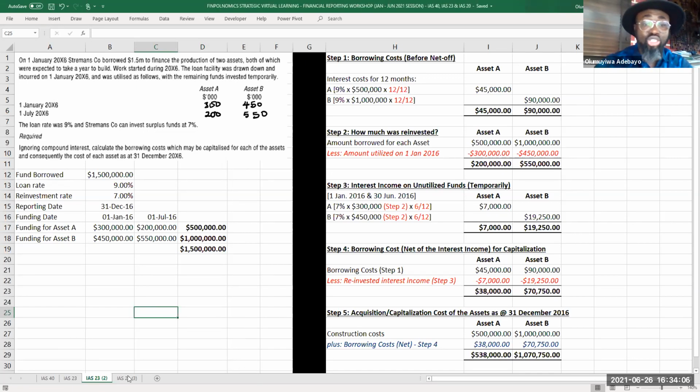Now, that will take us to having better appreciation to understand the aspect of general borrowing. When you have general borrowing and you have to resort to capitalization, what happens in that situation?